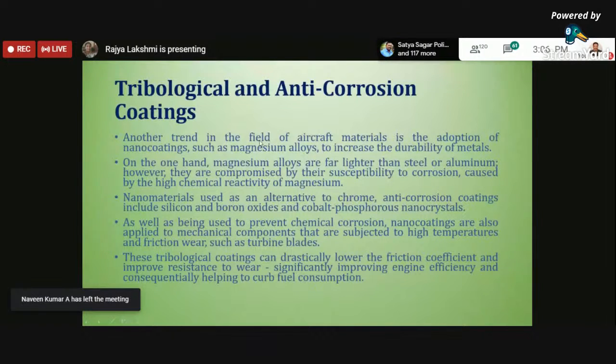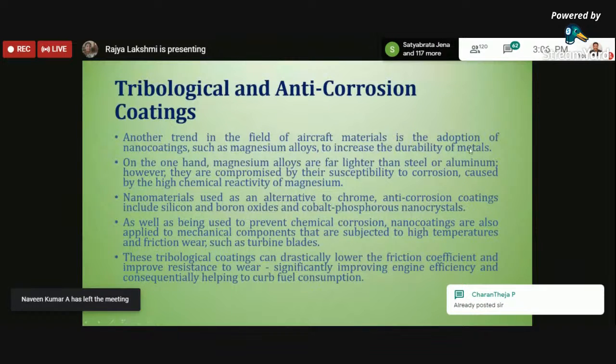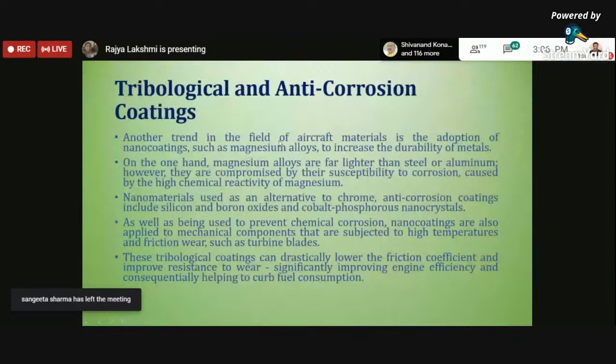It has shown positive results, and aircraft industries try to adopt nano coatings, especially for magnesium alloys. Magnesium alloy is very light in weight compared to all other metals and alloys. Even though it is light with other superior properties, work with magnesium alloys is still not up to the expectation level because of reaction.